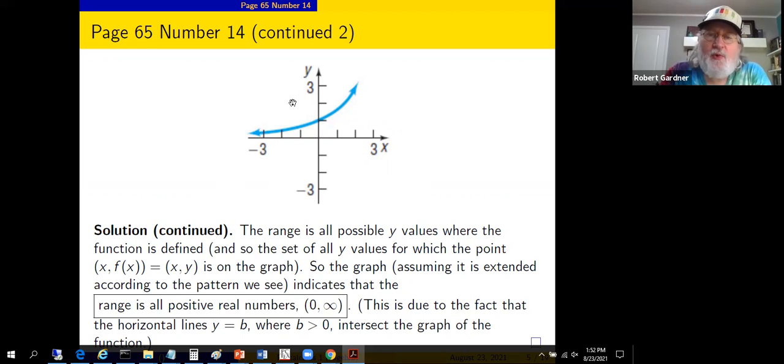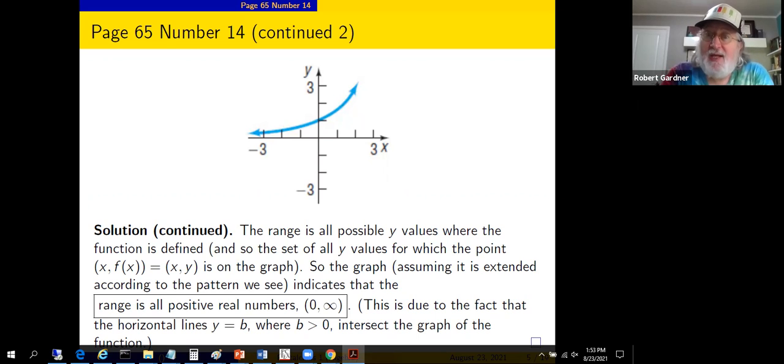I'd look back and forth and see if there's any point on the curve where the y value is +2, and it looks like it's right about there. Looks like it's around 1.5, 2. The fact that there is a point on the graph that has a y coordinate of 2 tells you 2 is in the range. And similarly, if I take any horizontal line above the x-axis, it intersects this curve somewhere.